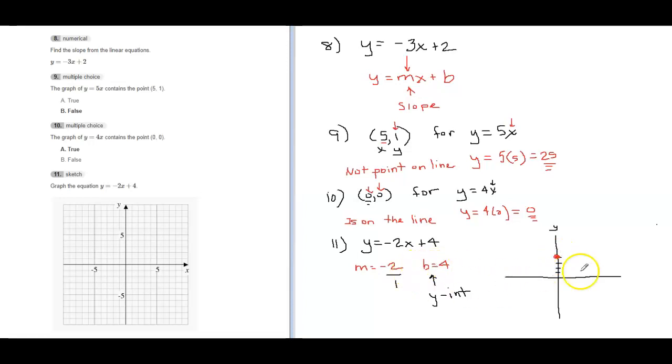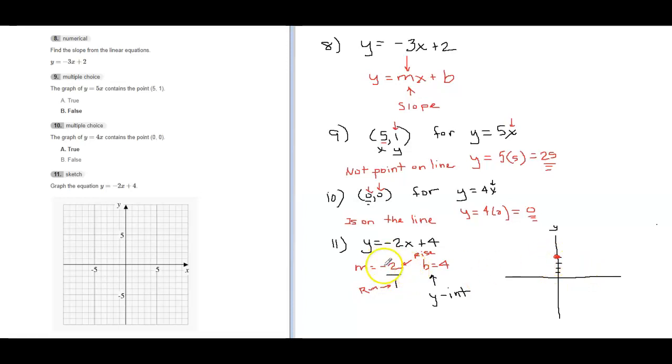From this point, you're going to use the slope to get the second point, because you always need 2 points to draw the line. The top number is the rise, which means you move up or down. The bottom number is called the run, which means you move left or right.